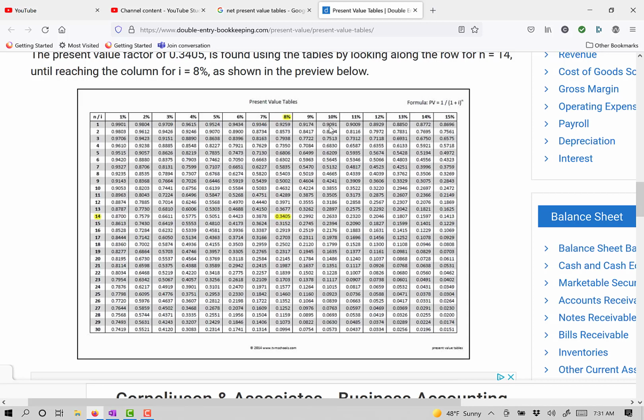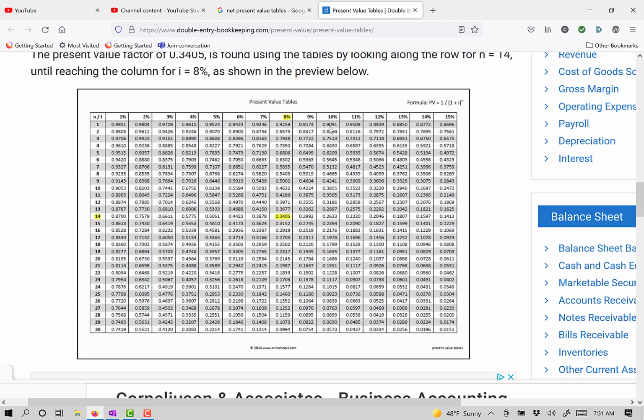That's also saying the opposite, that if you put that $18,182 in the bank today at 10% interest, a year from now it'd be worth the full 20,000. So we're dialing it back for the impact.